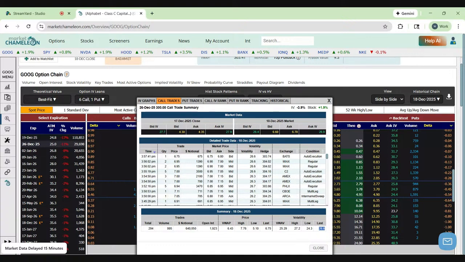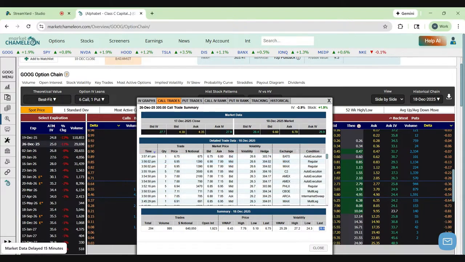So the prices are going to move around too. And the option pricing model helps us convert those trades into implied volatility. So the implied volatility takes into account the relative value at the time of the trade.